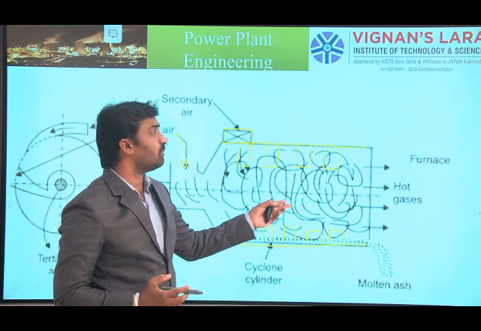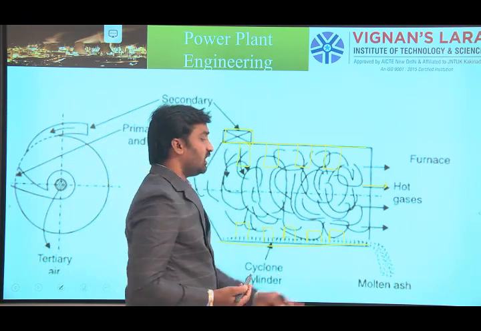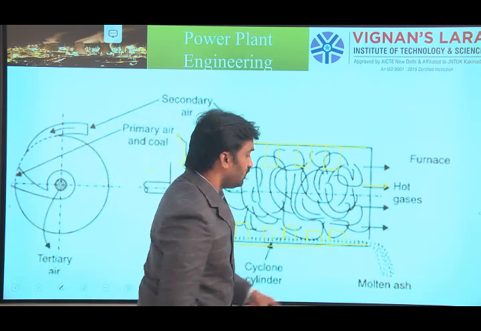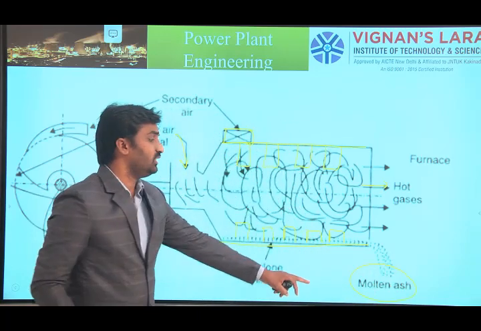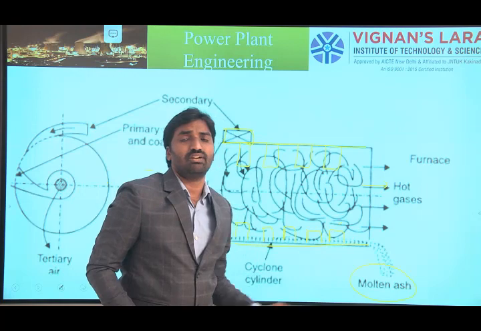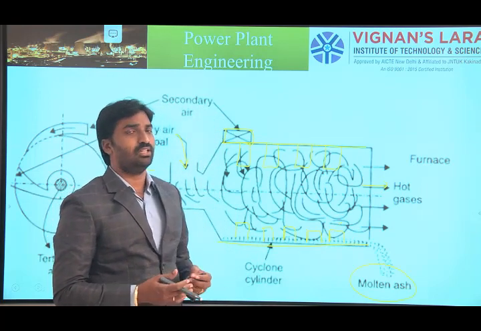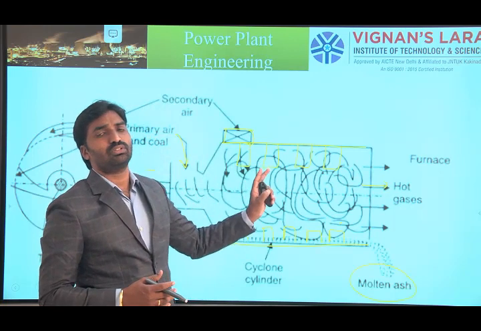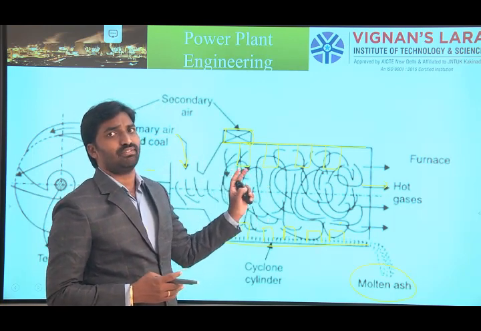After the combustion process, we release the hot gases, and at the bottom of the furnace the molten ash is collected after the combustion of coal. Generally these types of cyclone furnaces are used in large capacity boilers.